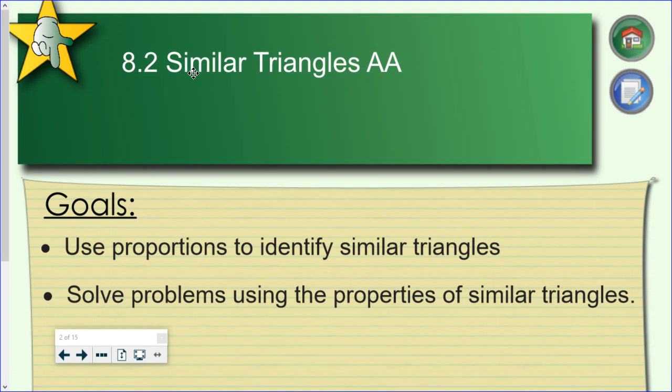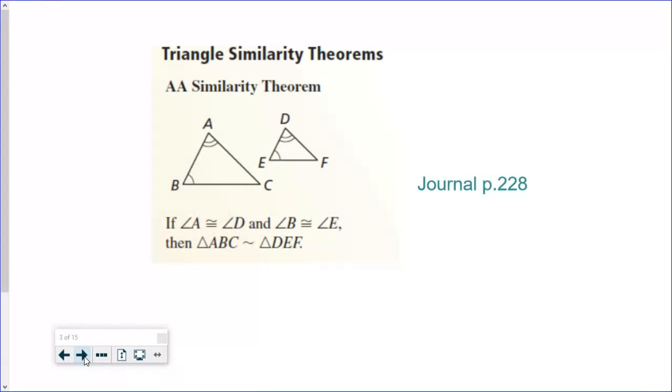Everybody, we are continuing on with similar triangles. Today's going to be one of a few theorems we're going to learn. So we're learning angle, angle, similar. All that means is if you have two similar triangles and you know one angle is congruent to its matching corresponding angle in a different triangle, and it happens twice, the third angles would have to be congruent because all three have to add up to 180.